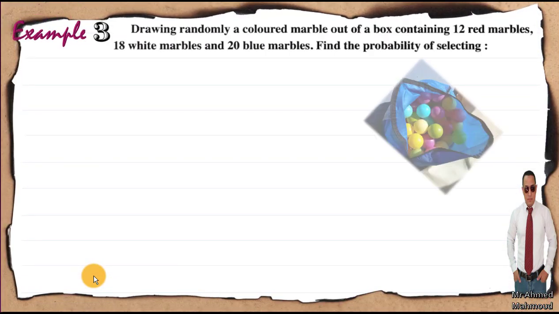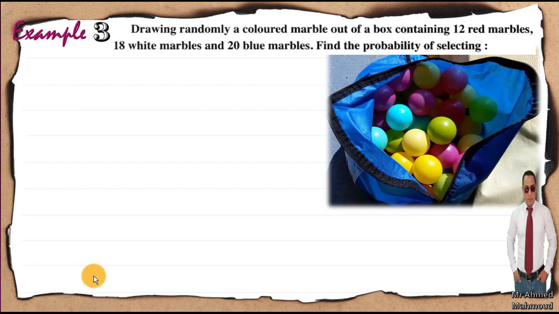Another example. Okay, drawing randomly colored marbles out of a box that contains 12 red marbles, 18 white marbles, 20 blue marbles. Find the probability of selecting 1 white marble. Okay, to write the event here, I'm going to write a set and inside the set white. But I will not write this event, I'm going to write the probability directly. P equals, here I have how many white?